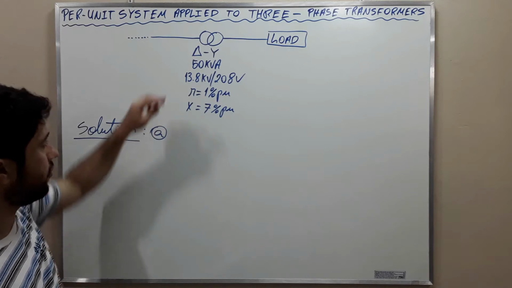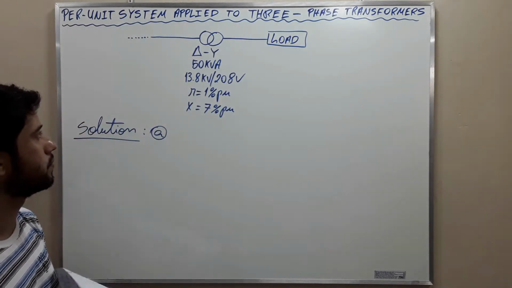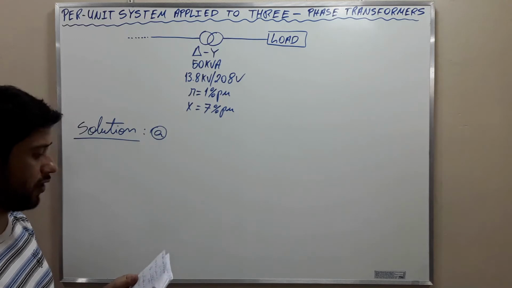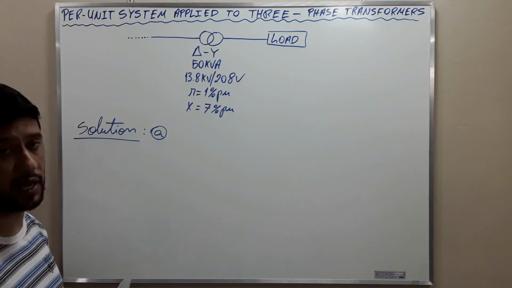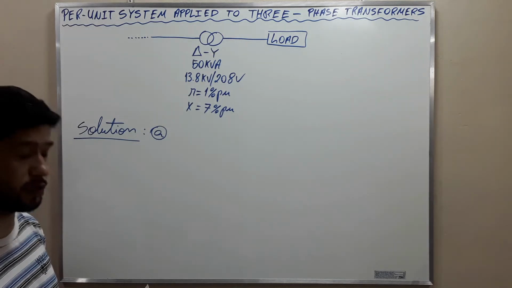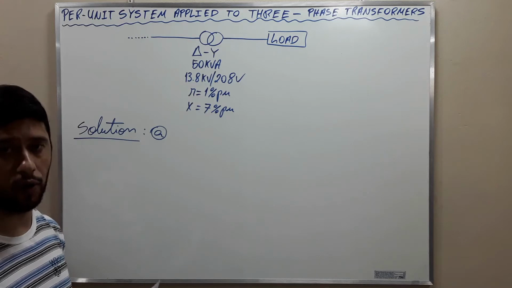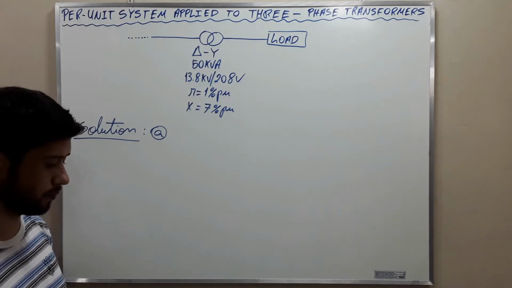Since the primary side is delta connected, its phase voltage is equal to its line voltage. For the delta, let's remember, phase voltages equal line voltages.